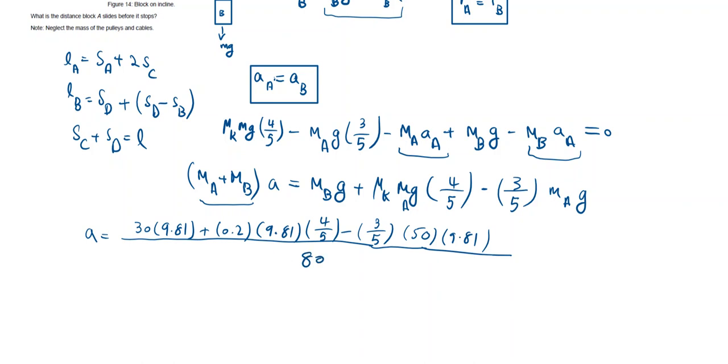If you just sub the values into your calculator, you will get 0.981 meters per second squared for the acceleration of the whole thing.